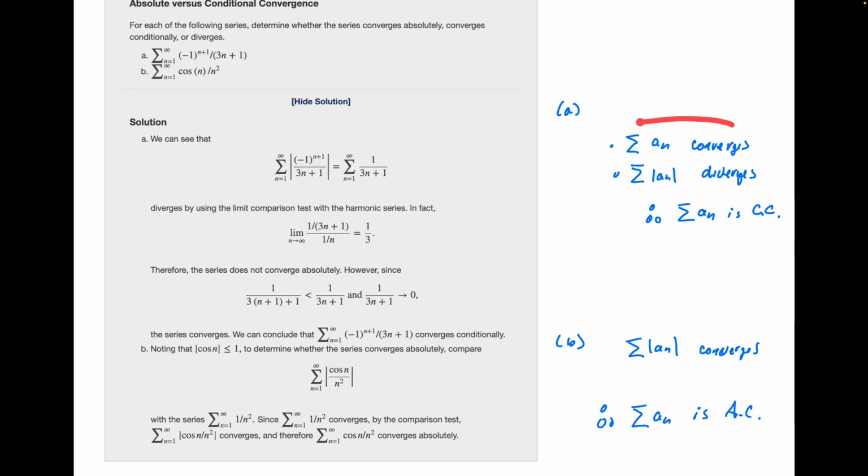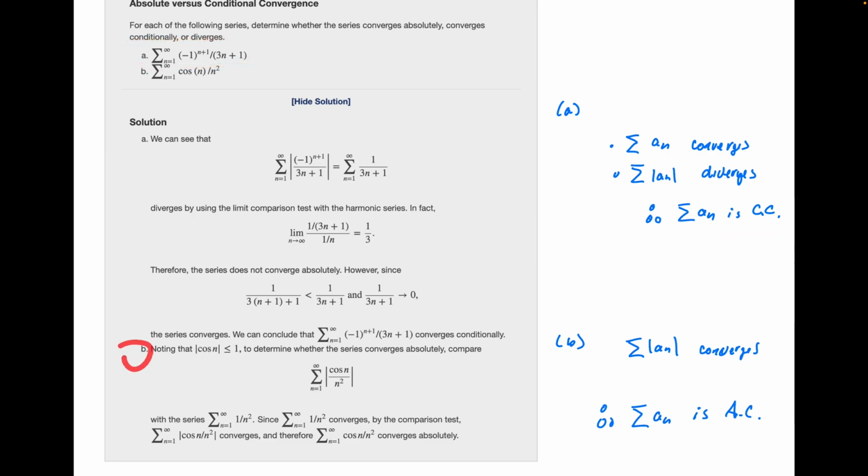The fact that it alternates will lend itself to converging, but the fact that it's like the alternating harmonic series tells us that it is absolutely divergent. With the series itself converging, but absolutely diverging, we have that the series is conditionally convergent.